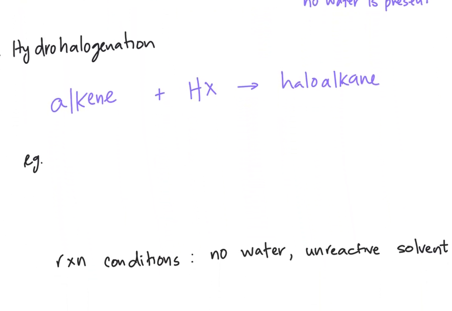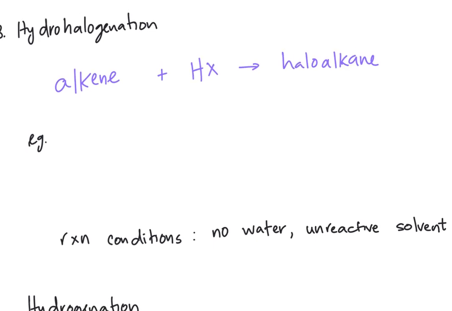All right, then we've got hydrohalogenation. Hydrohalogenation is if I start with an alkene and add to that alkene a hydrogen halide, and what I can get from there is a haloalkane. Once again, like I said, this X here represents a halogen.